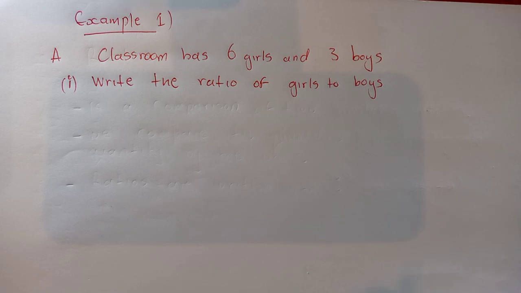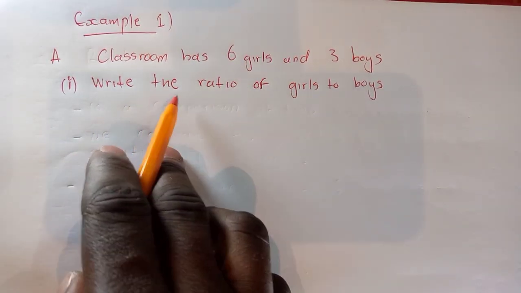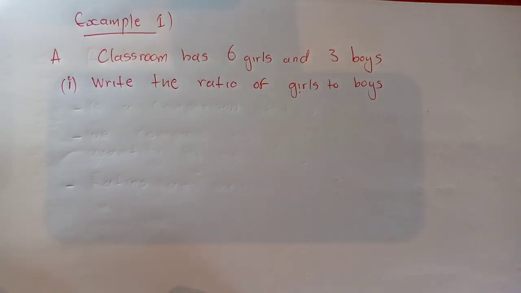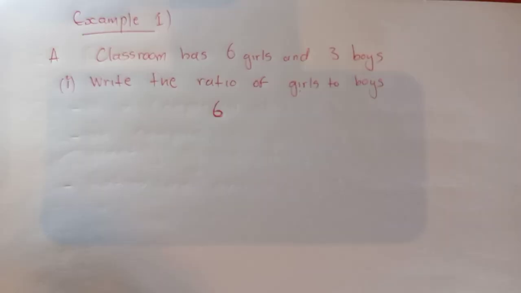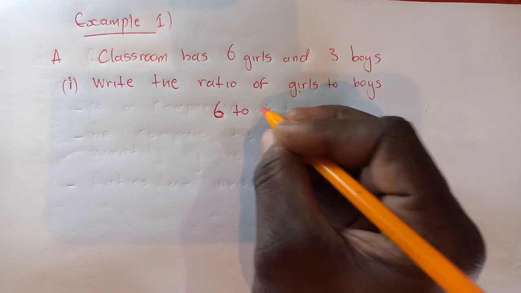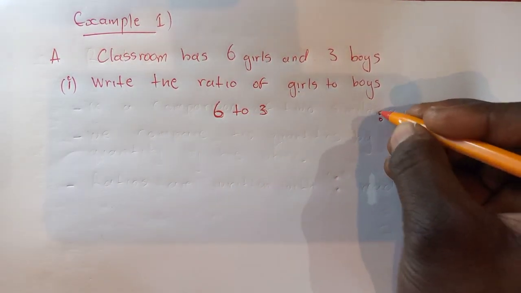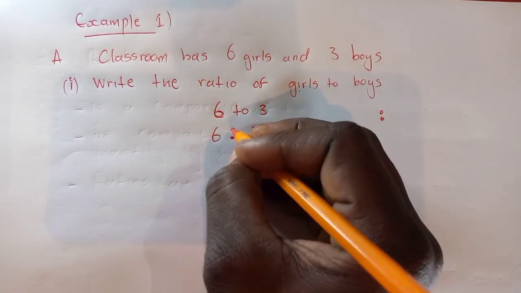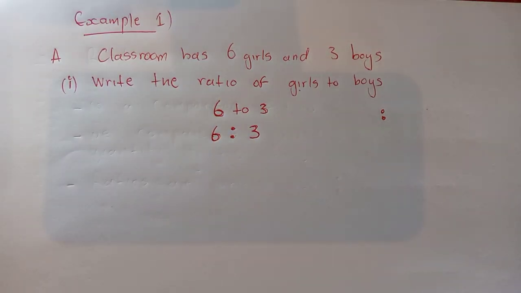They have started with girls, so the number of girls is 6. Then to show that it is a ratio, we use this symbol, read as "to". So our answer will be 6 to 3. This is the ratio of girls to boys, 6 to 3.